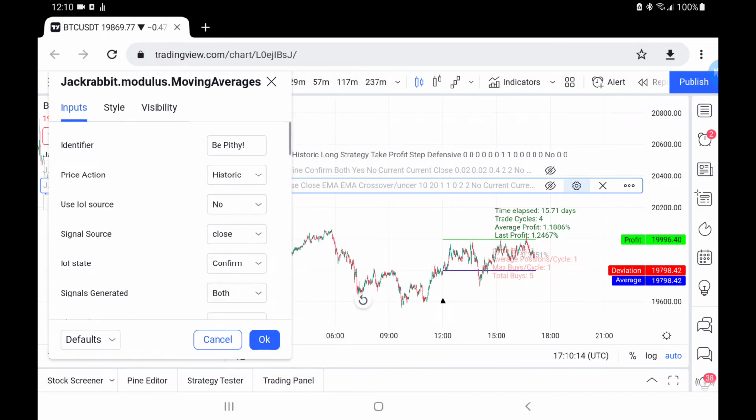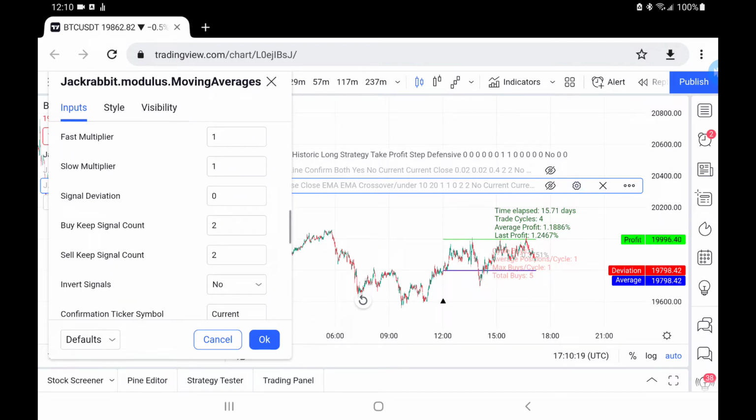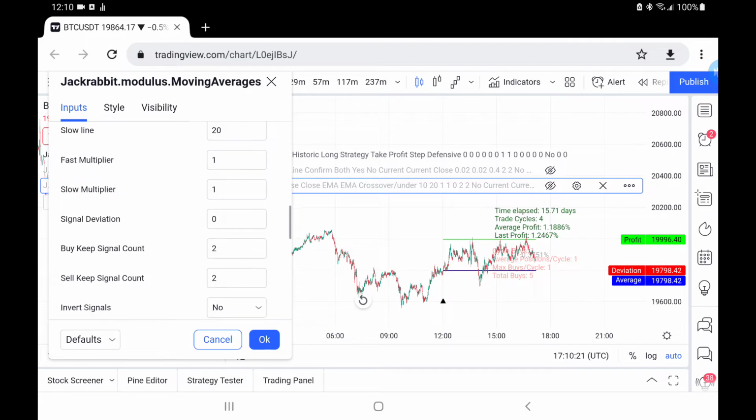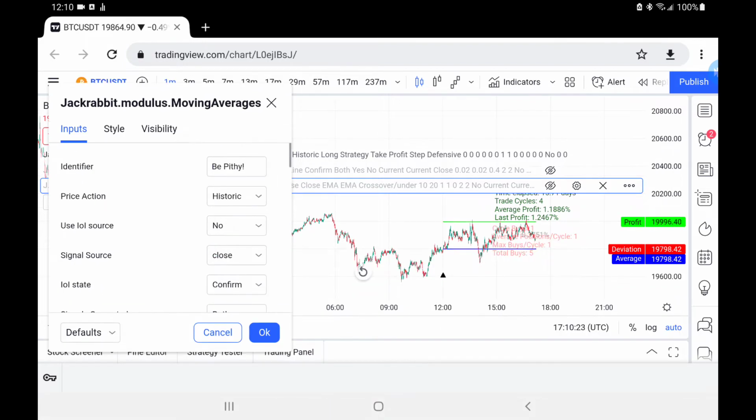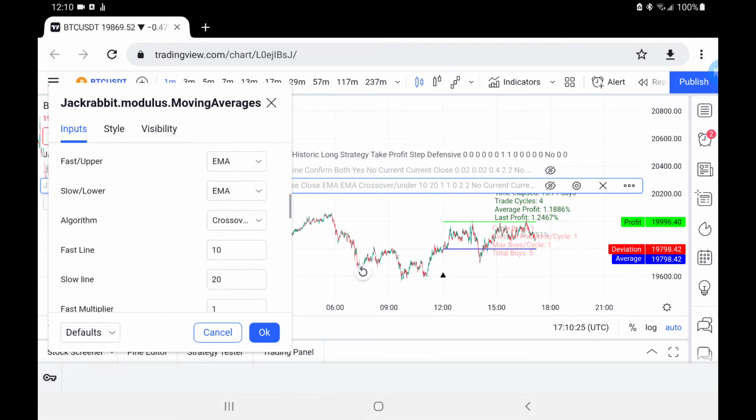Let's slide it over and let's go down to those candle counts. Let's actually change them. Let's see what happens if I do 3 candles. You'll notice that the total purchases went up. Total buys went up to 10.